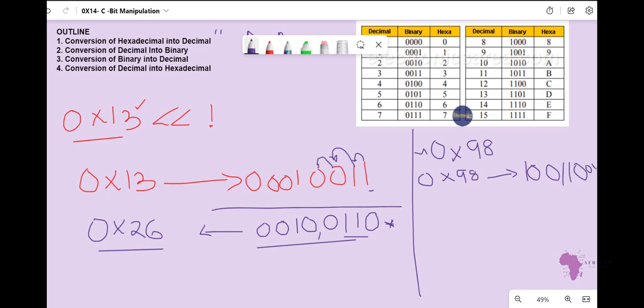It is 3 zeros. So let me write it here so that it will be fine: 1 0 0 1 1 0 0 0. So these are 8 bits.